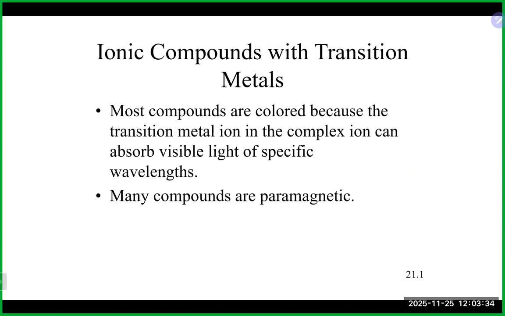When we talk about ionic compounds, depending on the sort of metal that's present, it will absorb light differently, and you will see different colors based on the complex ion that's present, the ligands that are present, and really the metal ion that is present.